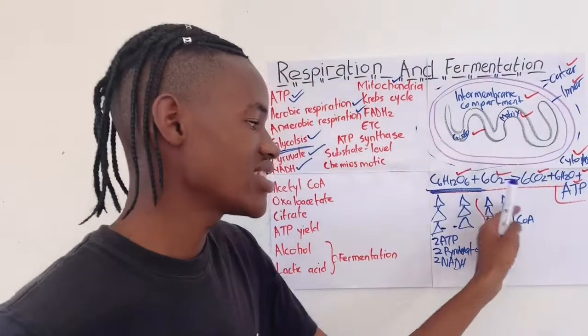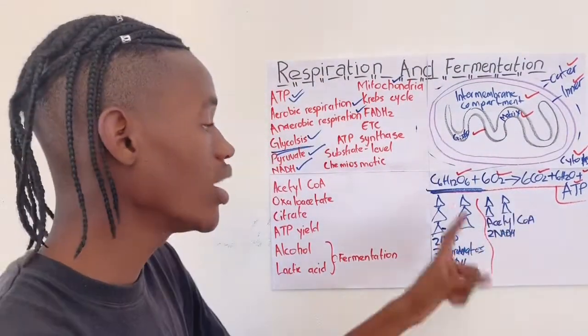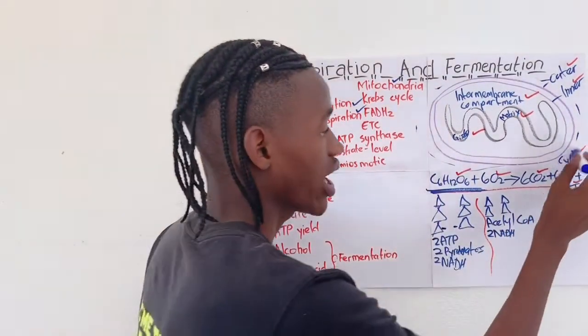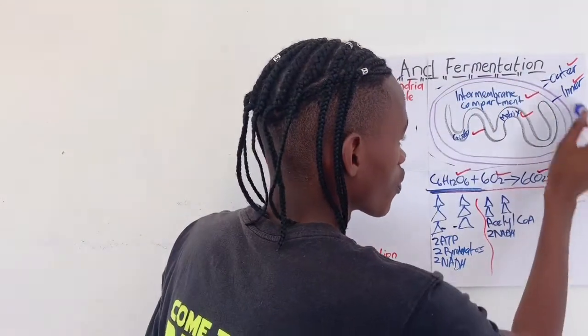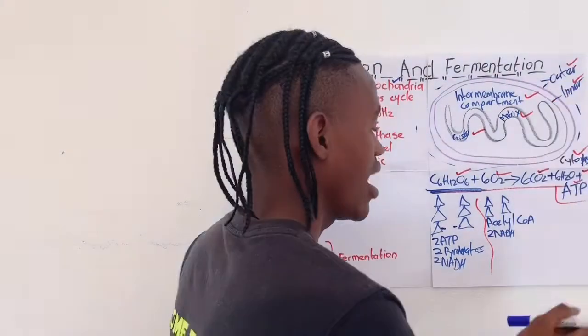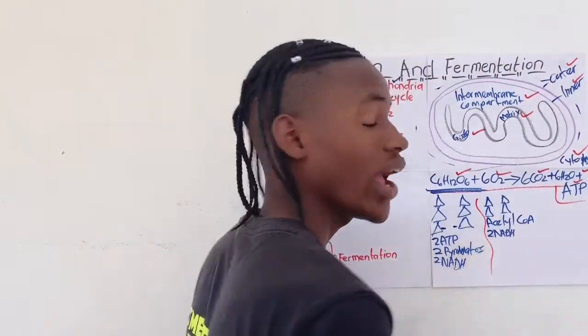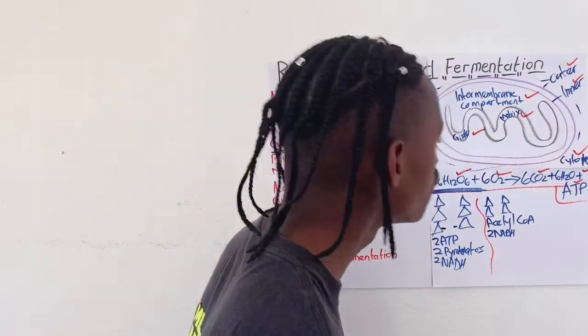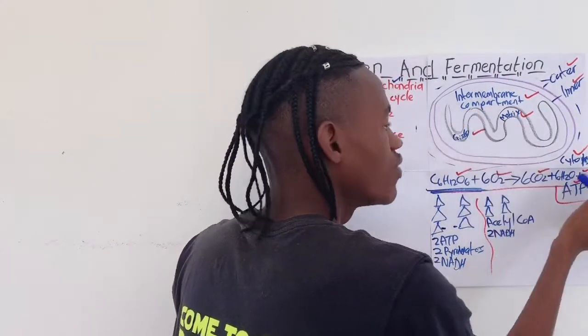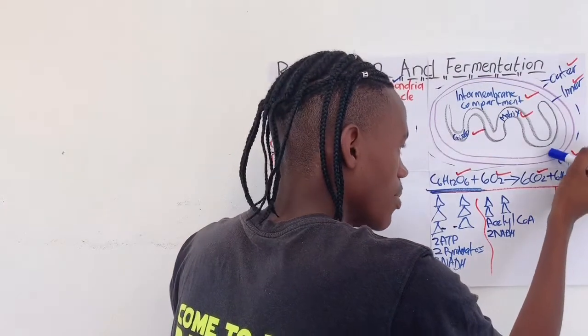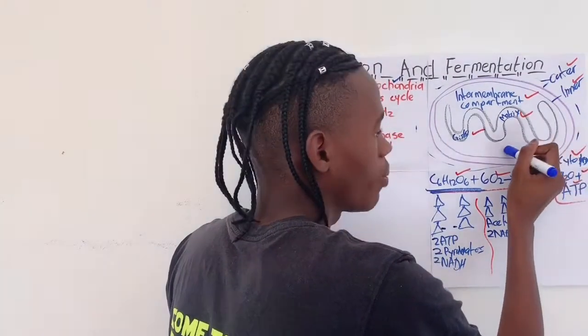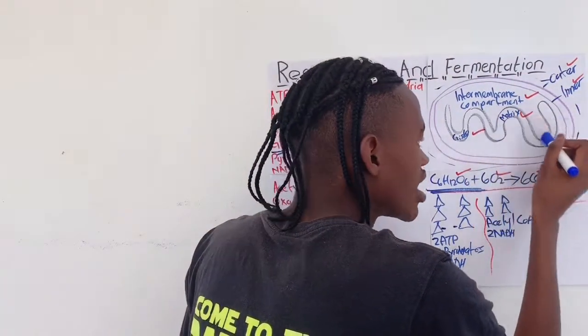Now, glycolysis occurs in the cytoplasm, and then the 2 acetyl CoA molecules move into the mitochondria, through the membranes, through the intermembrane compartment, and then they go into the matrix.